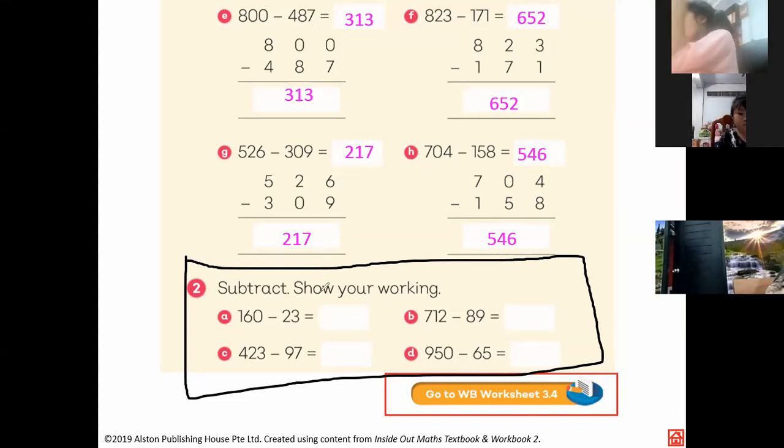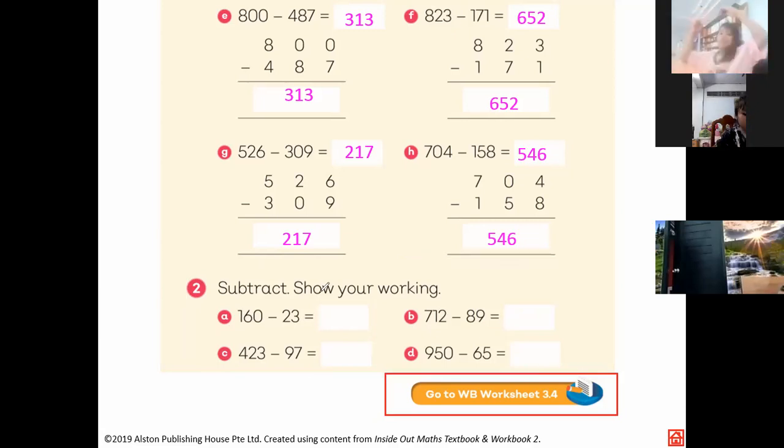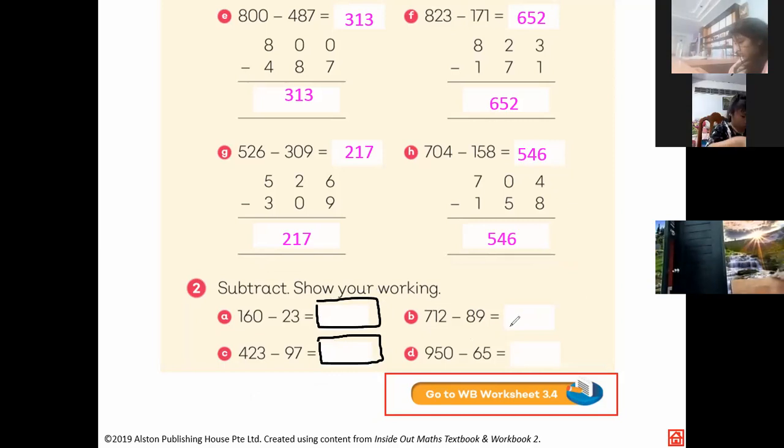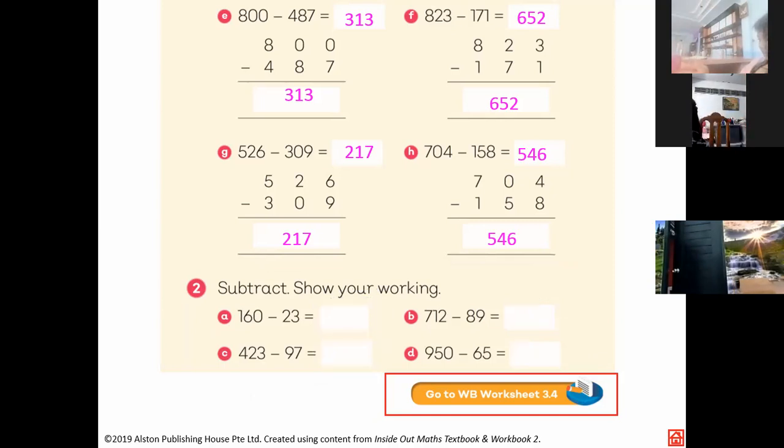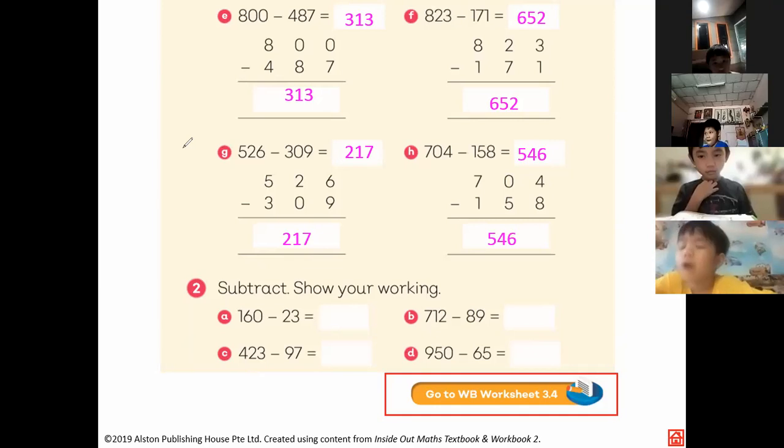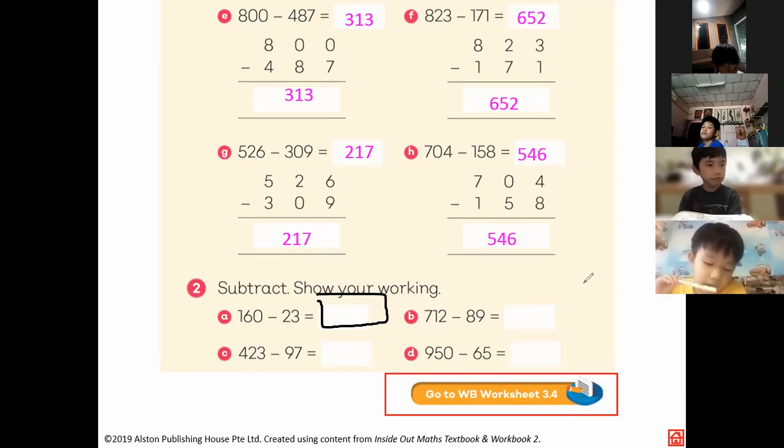For letter A, what's the answer for letter A? 137.